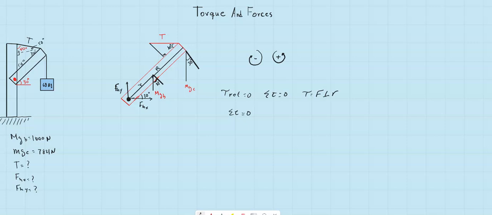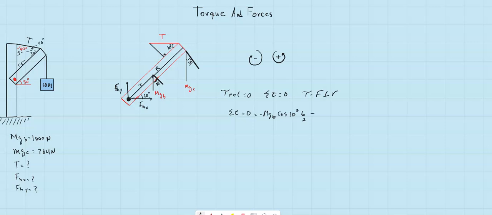For this component, it's going to be mg of the beam times the cosine of 30 degrees times, since it's in the middle of the beam, L over 2. It's going to be negative because it's pulling down: negative mg of the beam cosine 30 degrees times L over 2.